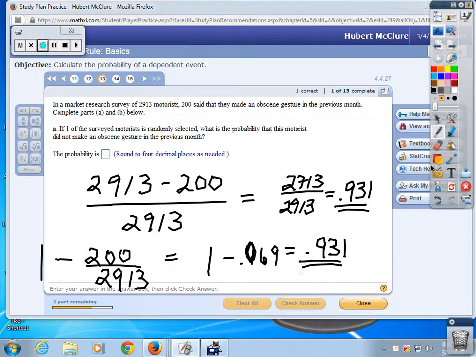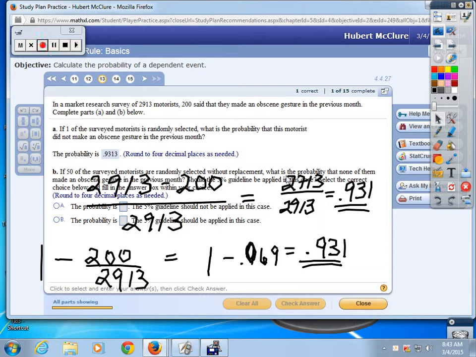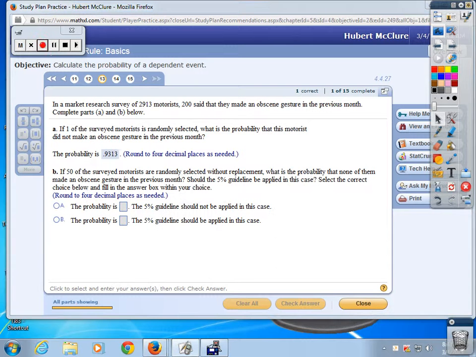What's the 4th decimal place? It says round to 4. 0.9313. Good job.